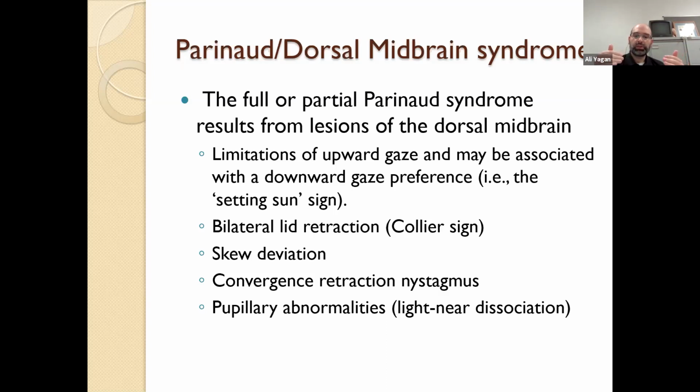You get sometimes skew deviation. You get pupillary problems, what we call a light-near dissociation, so their pupils don't react properly to light, but react better to near. They also prefer a down gaze position, so their eyes are drifting downwards a little bit and their chin is up. So they can get this, what we call sunsetting, so their eyes are a little bit lower than the horizontal midline.